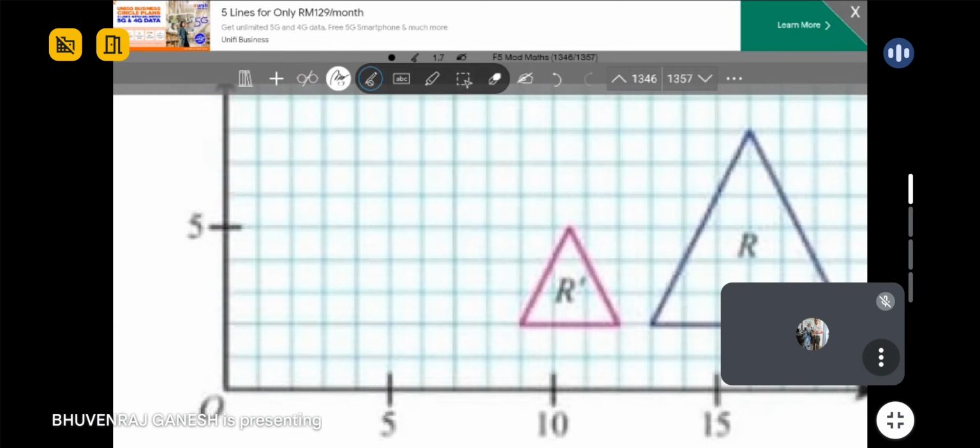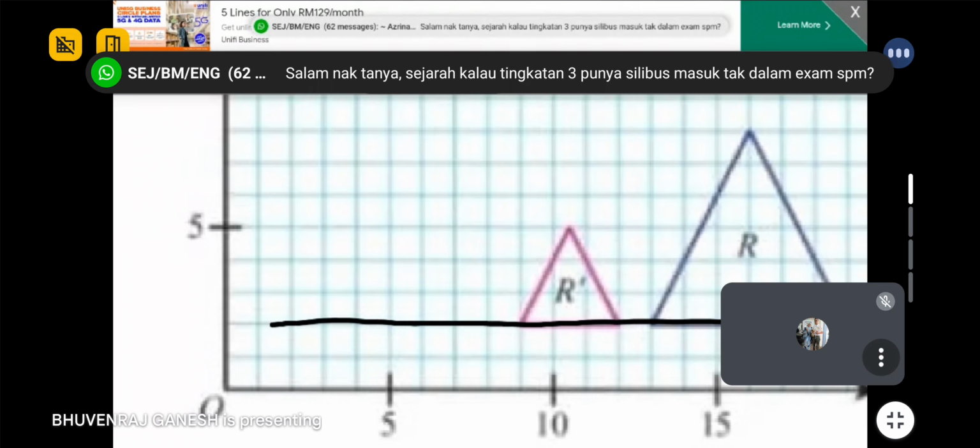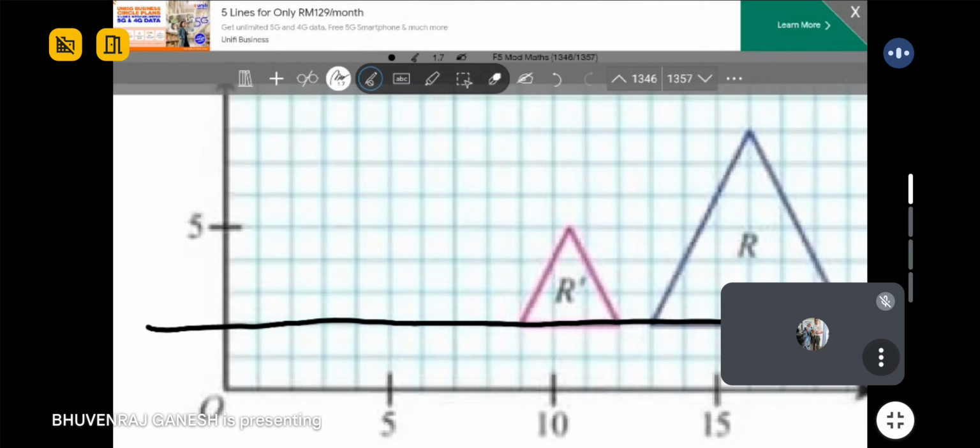So guys, one clue I can give you. Look over here, guys. This is one line. So I can say that the center of enlargement will definitely be one of these points. Do you all understand?